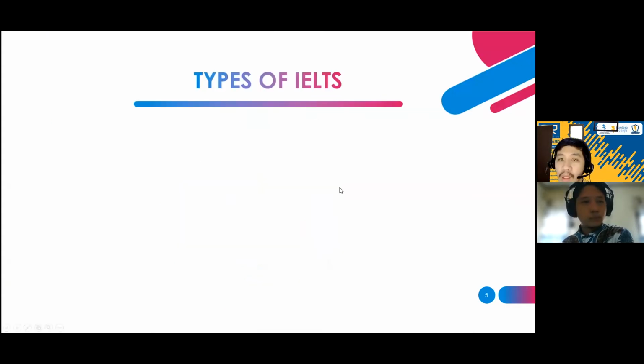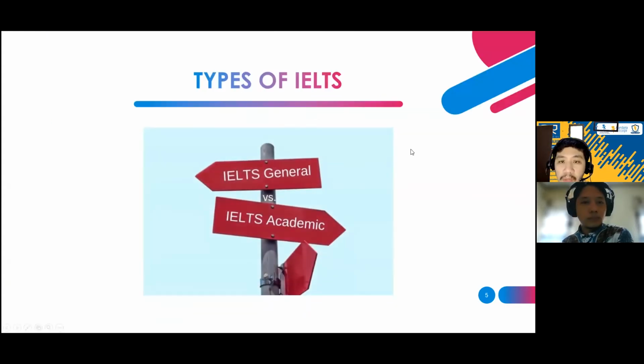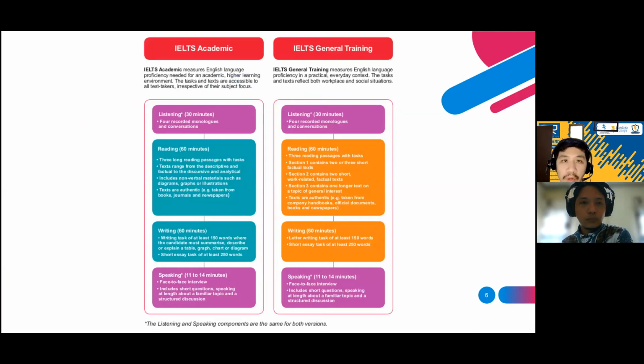These are the types of IELTS. What's the difference between general and academic? If you want to work abroad, you can take the general training, and if you want to study abroad, you can take the academic. It's just a little bit of a difference.